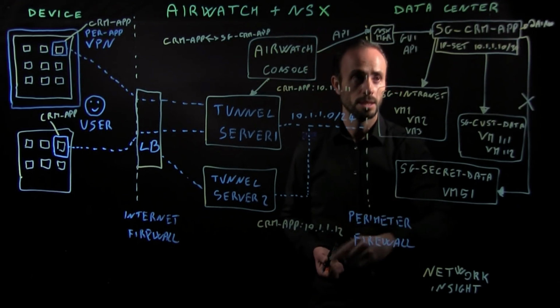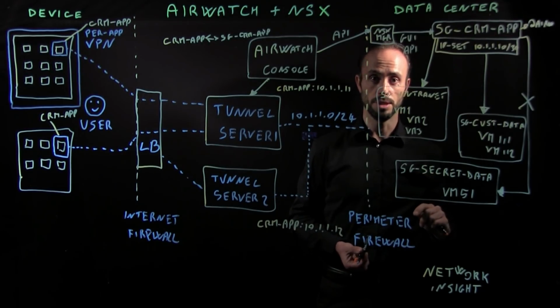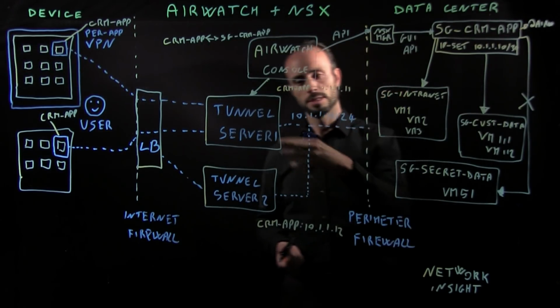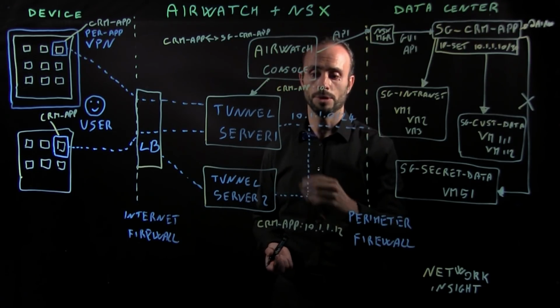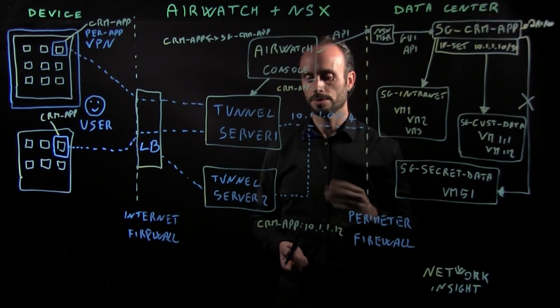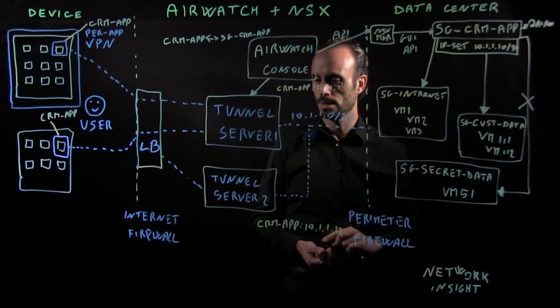In such a way, it's going to be associated to the security group, and the same security policies will be applied. Okay. Same goes for the source port. It will be an ephemeral port. It will be unique. It will allow to track the user and the connection from a single device.